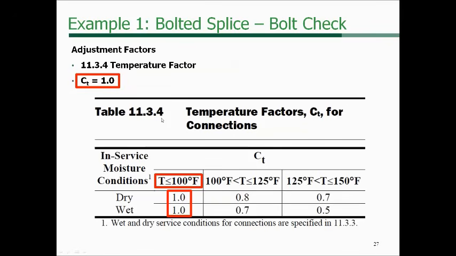Temperature factor, again, similar to wood members. If you have conditions up to 150 degrees Fahrenheit, and these are sustained temperatures. These aren't temperatures that you get, say, in an attic space where you heat up during the day and then cool down at night. These are sustained high temperatures.